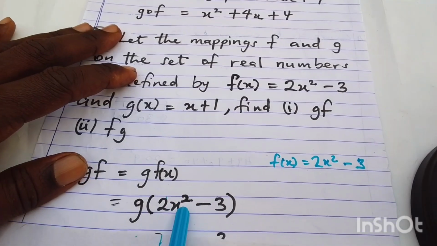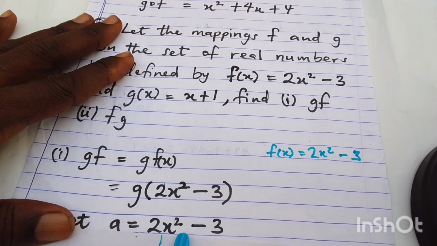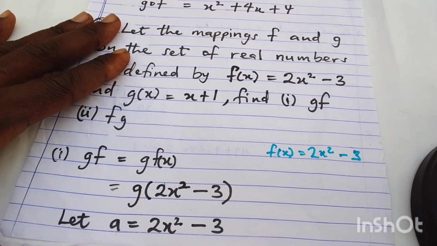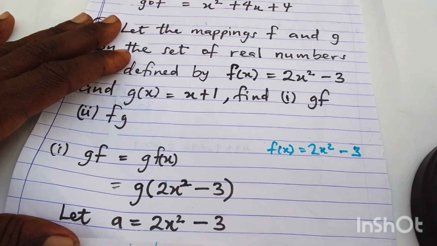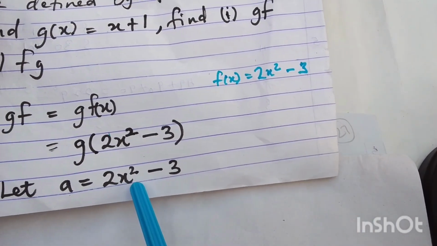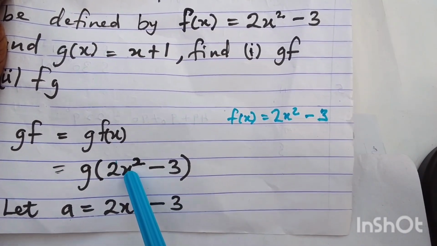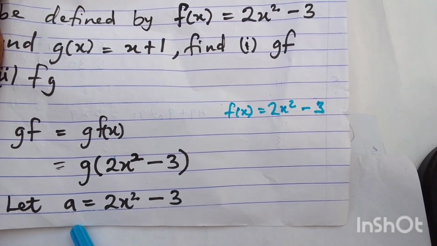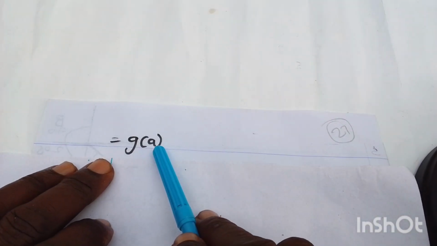I can use a to represent 2x squared minus 3. So in place of 2x squared minus 3, I'm going to put a, since we are using a to represent it. So that means I'm having g of a.